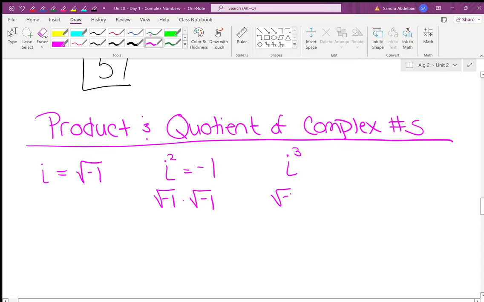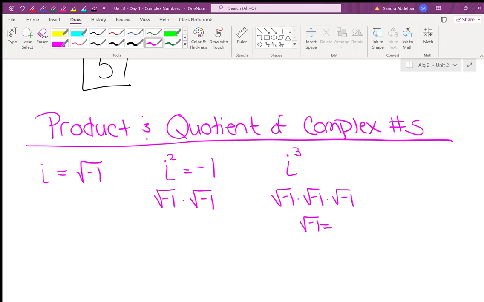That's the root of negative 1 times the root of negative 1 times the root of negative 1. So it's negative 1 times the root of negative 1, right? So it's negative I. Negative I, not root I. Negative I, good.